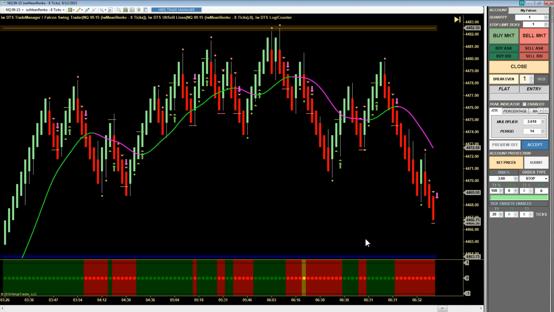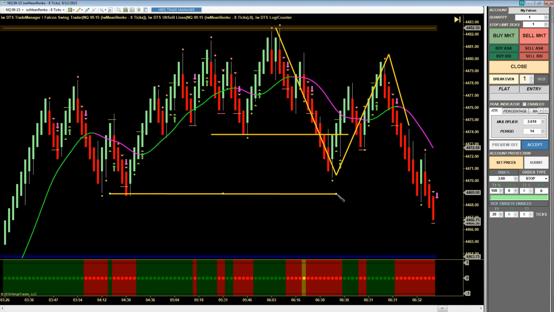Okay, well, here are a couple of things that should be jumping out at you. First and foremost, we had a test of the extreme and a failure. Secondly, we had a breach of a previous swing low. Or if you don't consider this one strong enough, we at least had a challenge of that swing low.